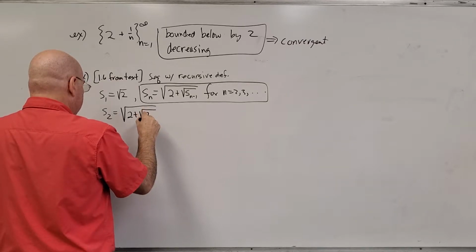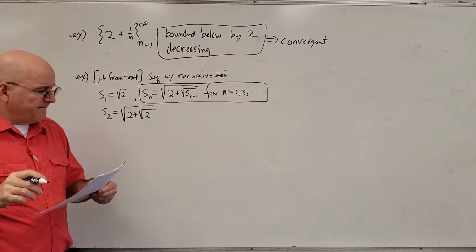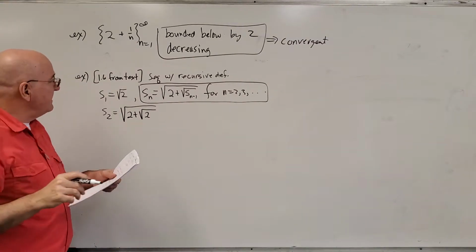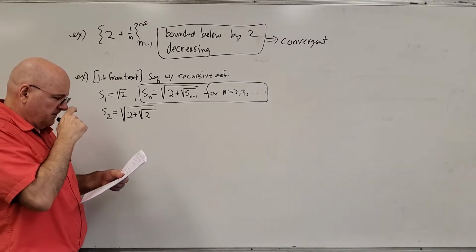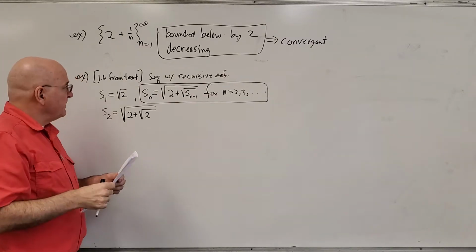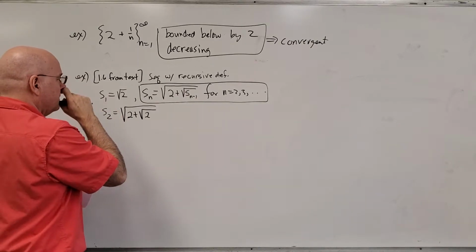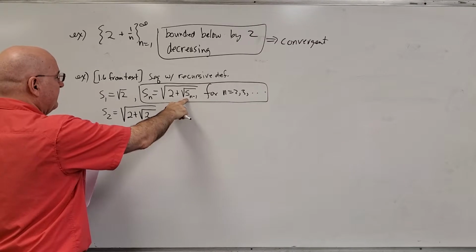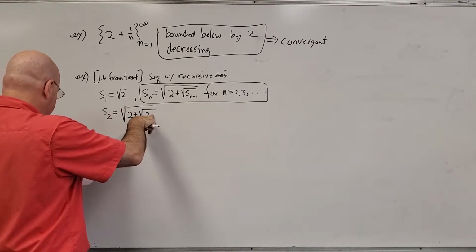Let's see. That is not quite right, is it? Yeah, it's not. I think, let's see, 2 plus the square root of the previous one. But there weren't two square roots.